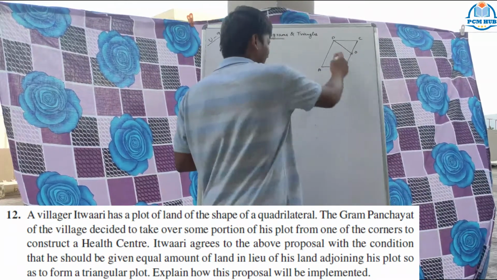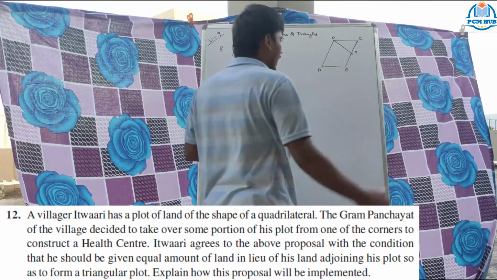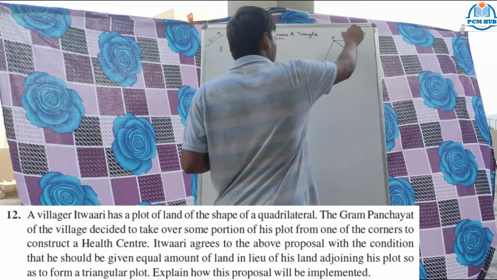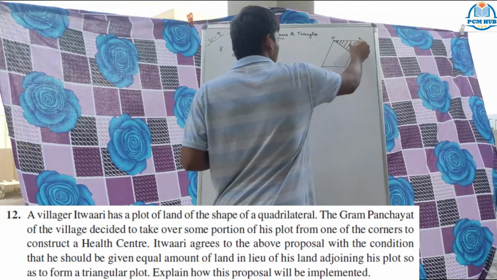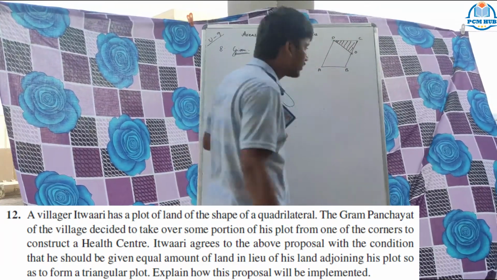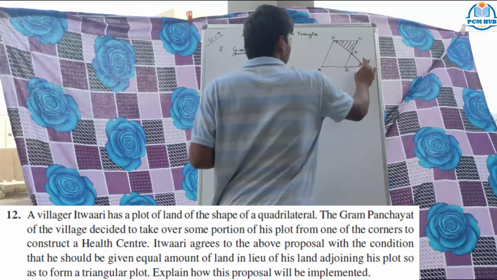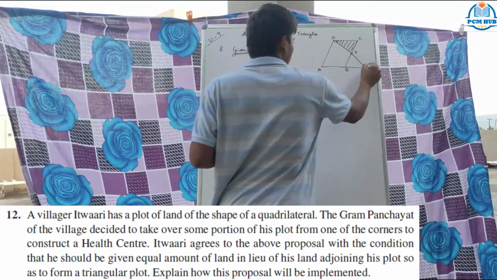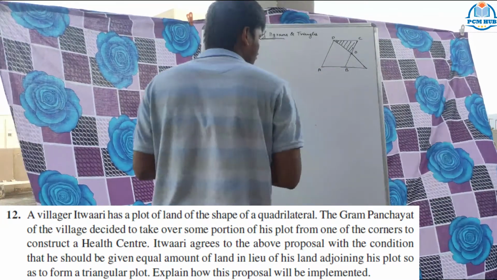You can take this edge or that edge, but we are taking that edge. Now this triangle is being given to the government. In turn, the government gave a lease of land, extended like this.